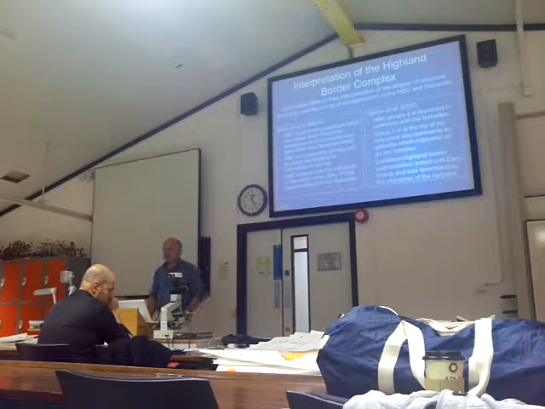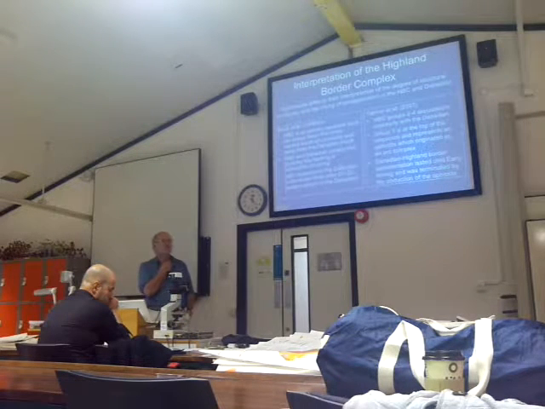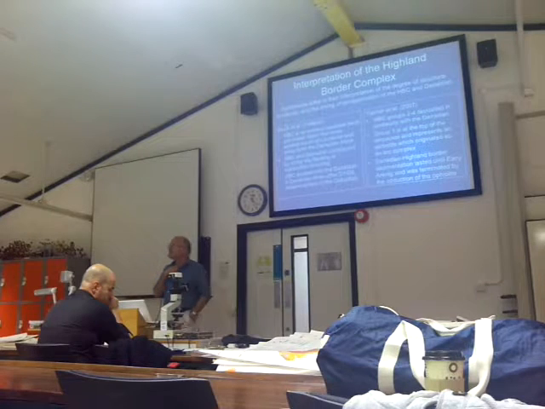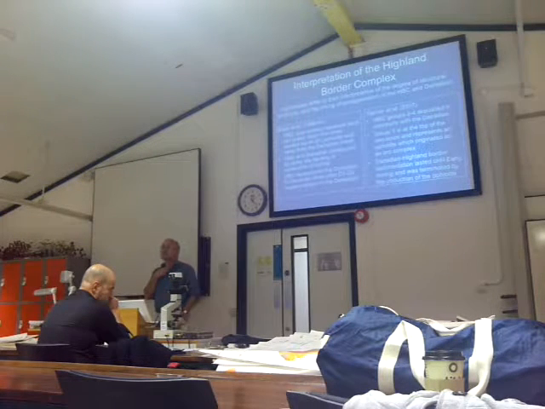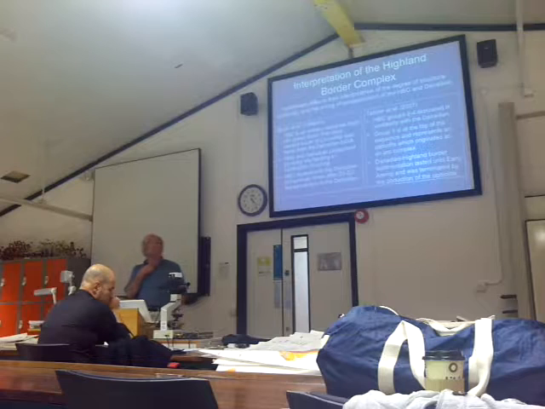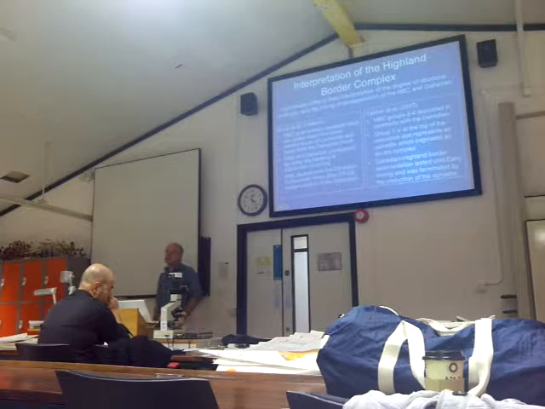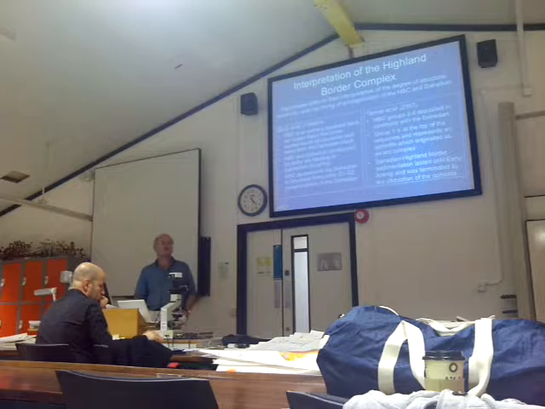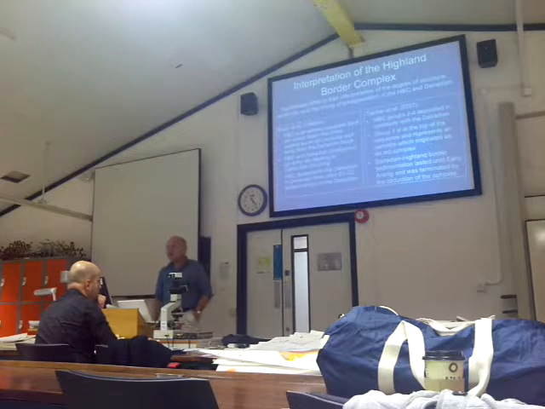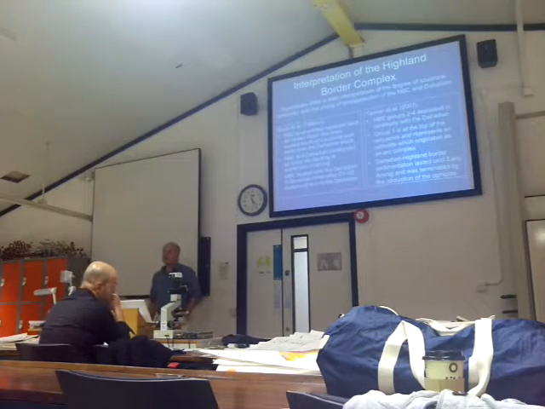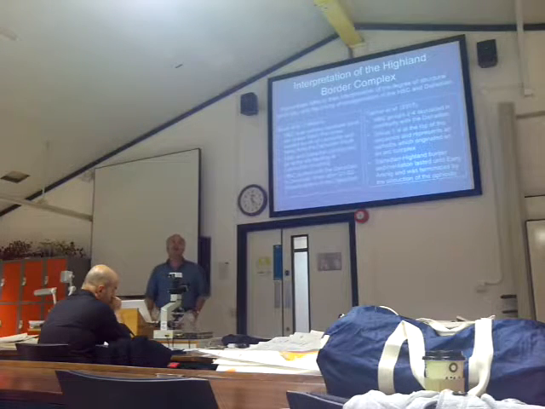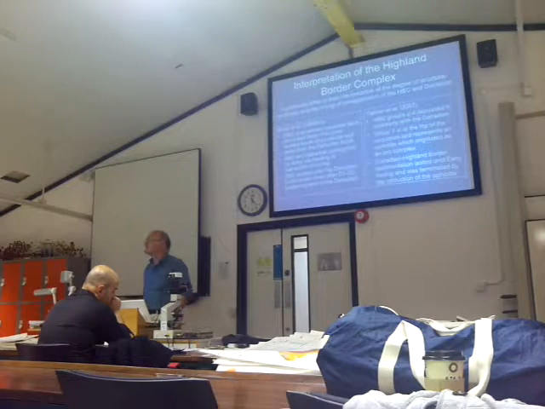He suggested that the Highland border complex and the Dalradian were brought together by strike-slip faulting or possibly subduction-related thrusting. And he suggests that the Highland border complex was amalgamated with the Dalradian, docked with the Dalradian in Devonian times, so well after the major metamorphism and deformation of the Dalradian.